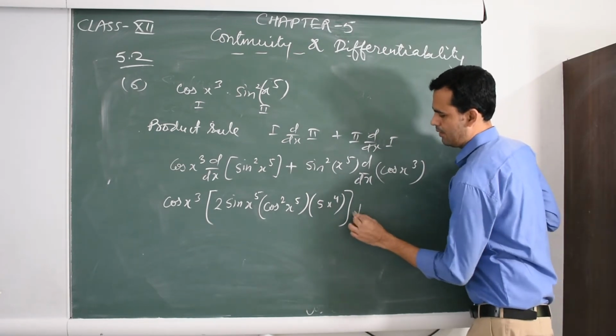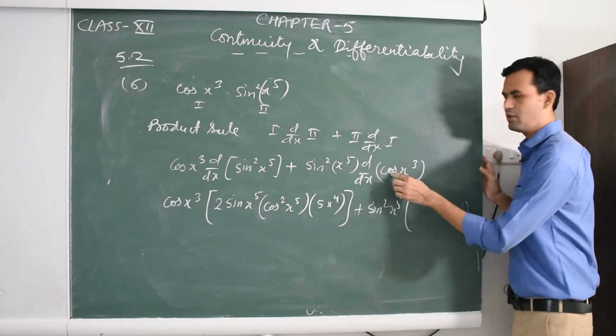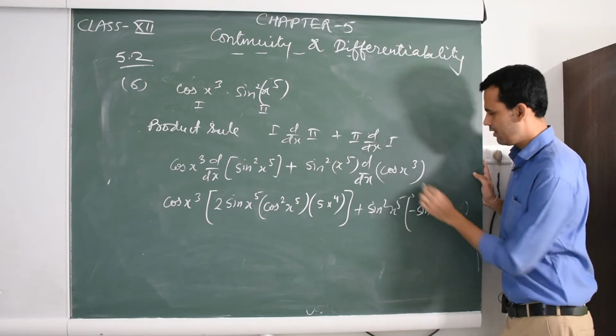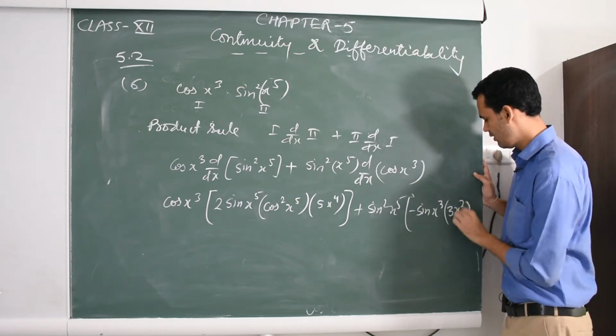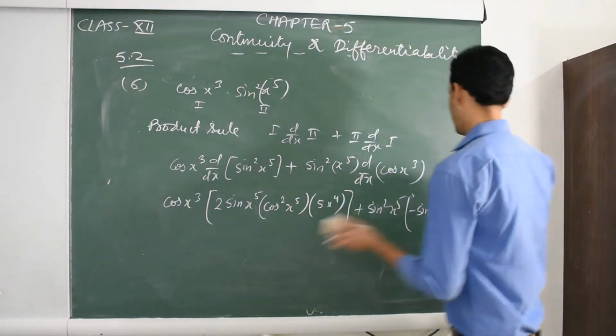Then plus sin²(x⁵), differentiation of cos is minus sin(x³), and differentiation of this is 3x². Okay, so this is question number 6.